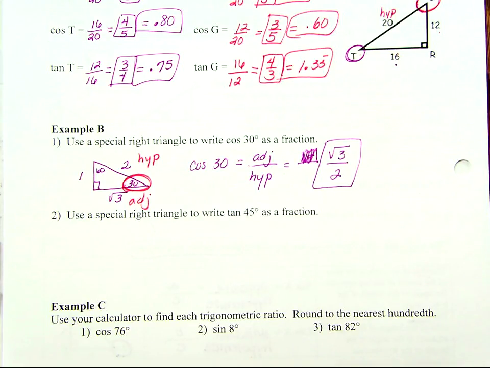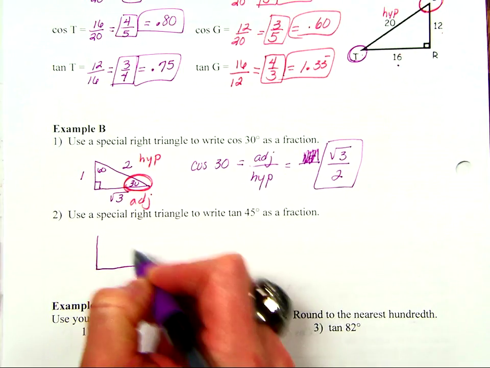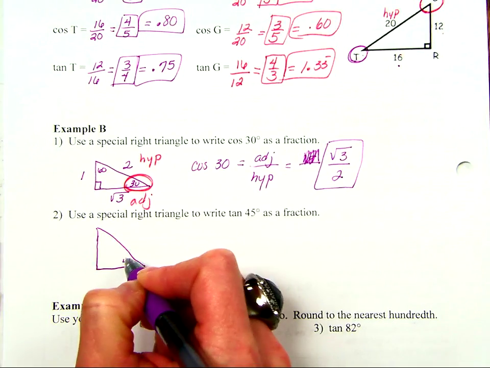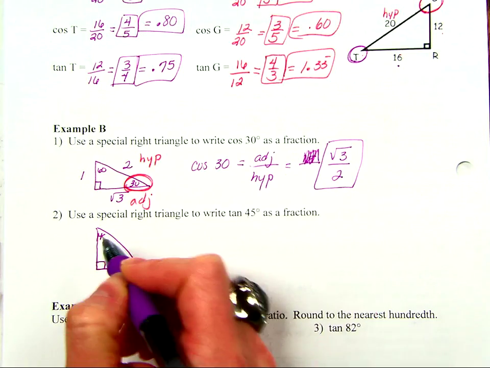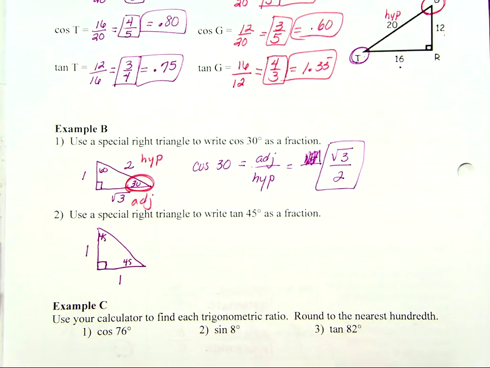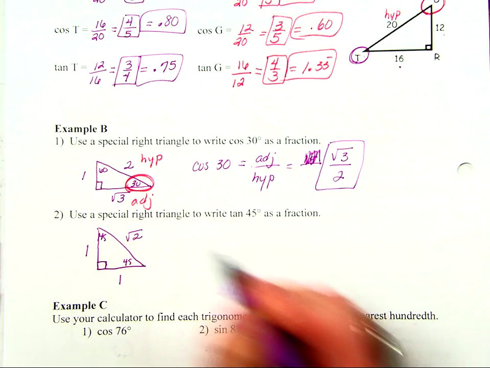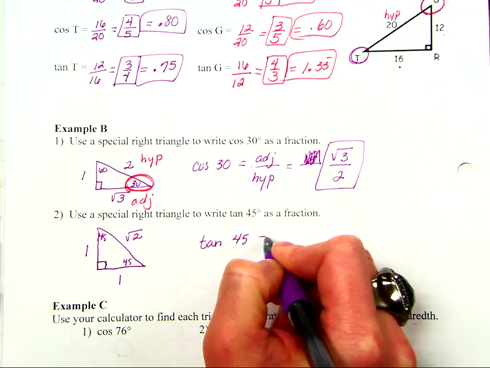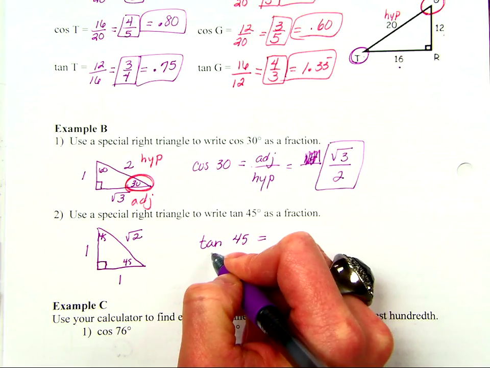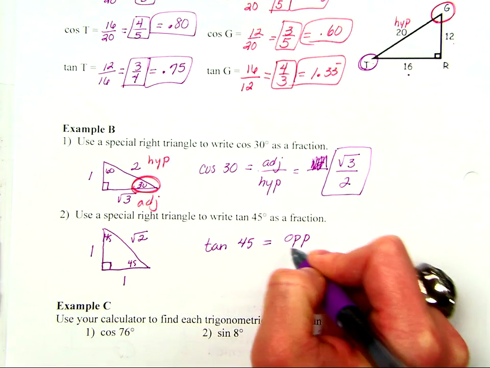Number 2, use a special right triangle to write the tangent of 45 degrees as a fraction. Well, in our 45, 45, 90, a review of our ratios, we know that it's isosceles. Our legs are congruent. Our hypotenuse was root 2 times as long. The tangent of 45 degrees, well, tangent, if we look at the top, is opposite over adjacent.